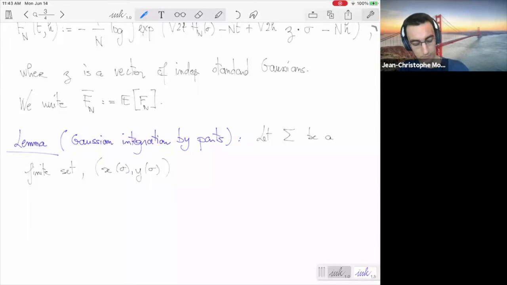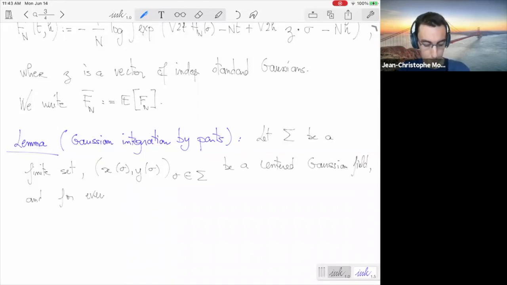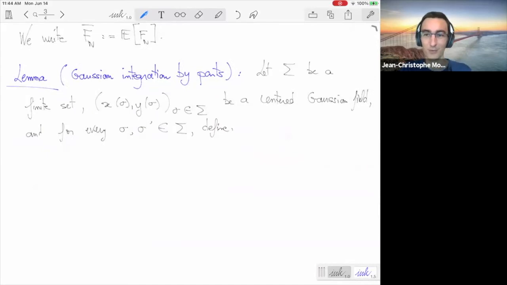So let's give ourselves a centered Gaussian field indexed by sigma with two coordinates, x of sigma, y of sigma. And for every sigma and sigma prime, so I choose the finite set so that I don't need to worry about measurability issues, but it's not a significant consideration.